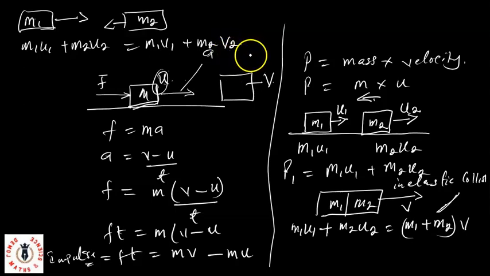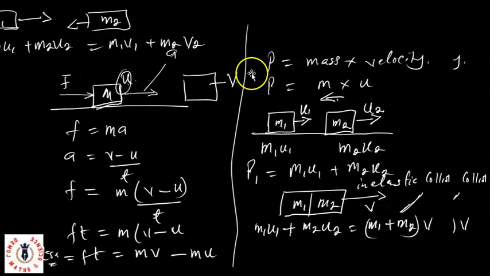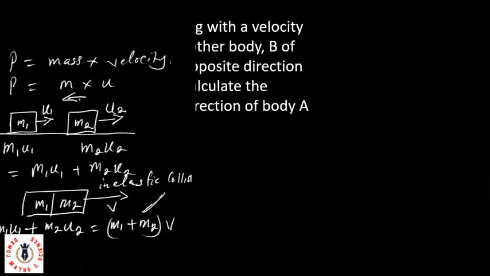You must note the direction of movement of the bodies. If they move in the same direction, the signs will be positive. But if they move in different directions, then one of the velocities will carry a negative sign. So let's see an example to help us understand this further.